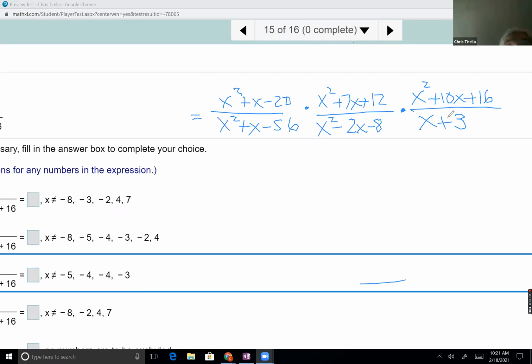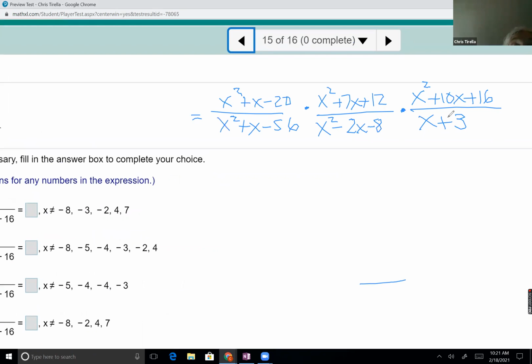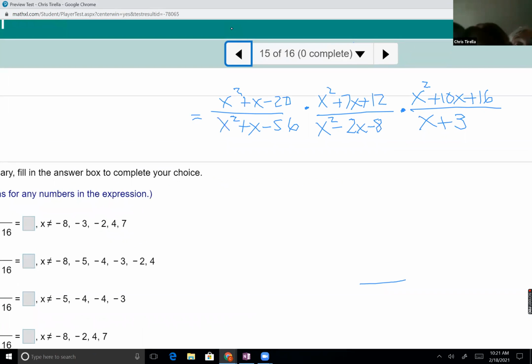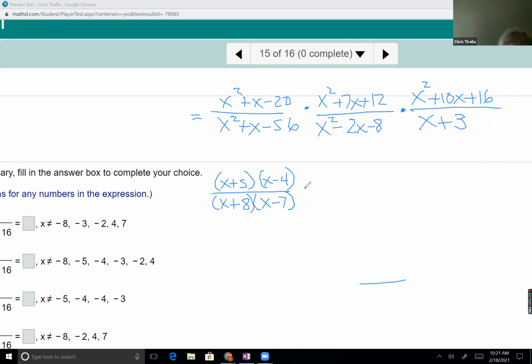First numerator factors into x plus 5, x minus 4. Denominator factors into x plus 8, x minus 7. Next one factors into x plus 4, x plus 3.